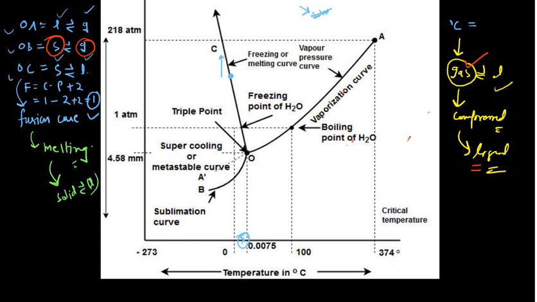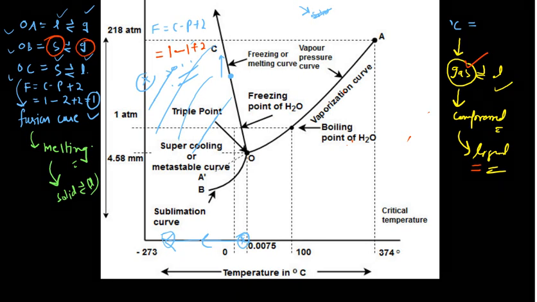You are fixing the pressure here and decreasing the temperature. If you are decreasing the temperature, it simply means your liquid will freeze, and this region would belong to the solid phase. So, when it belongs to the solid phase, F equals C minus P plus 2, that means 1 plus 1 minus 1 plus 2, that means 2.